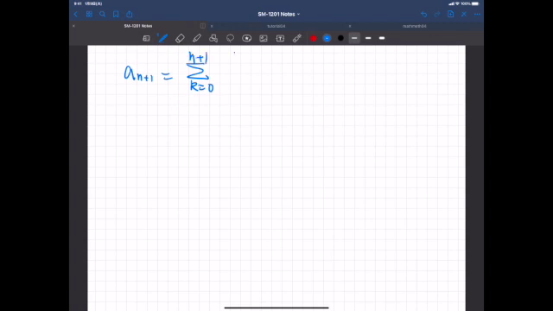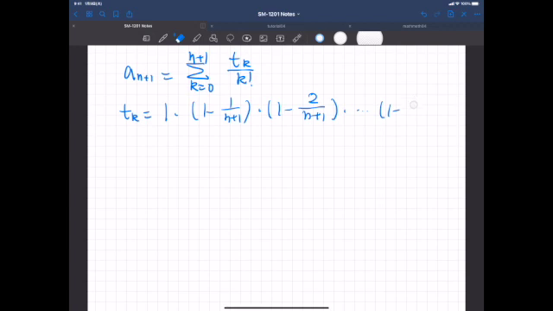Similarly, we have some factor over k factorial, where t_k here is 1 times (1 minus 1 over n plus 1) times (1 minus 2 over n plus 1) and so on, down to (1 minus (k minus 1) over n plus 1).